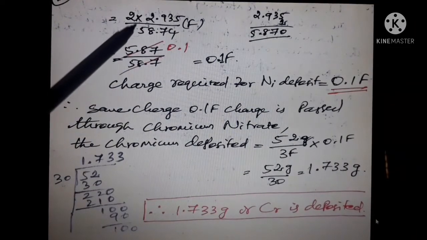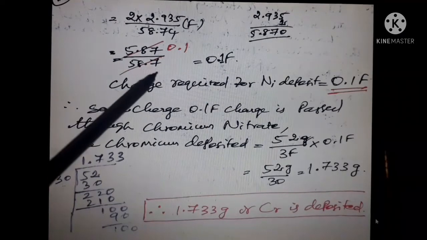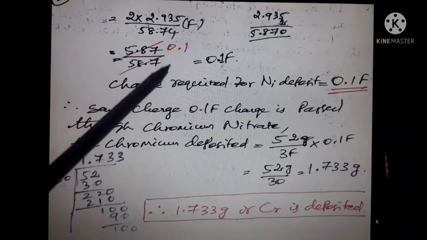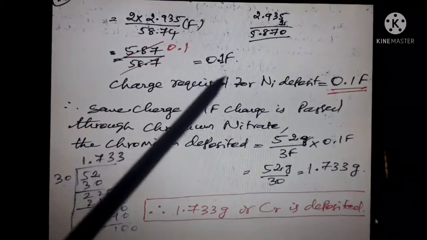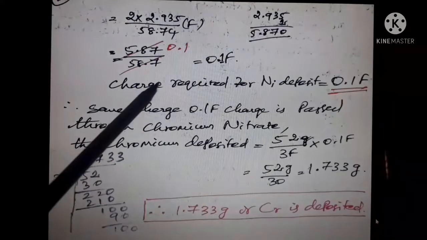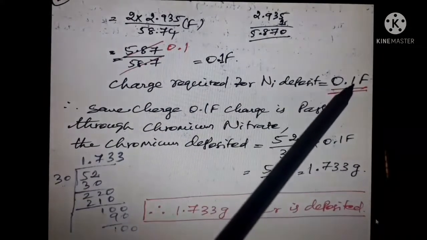So 5.87 divided by 58.7 cancels to 0.1. This is the charge required for nickel deposit: 0.1 Faraday.